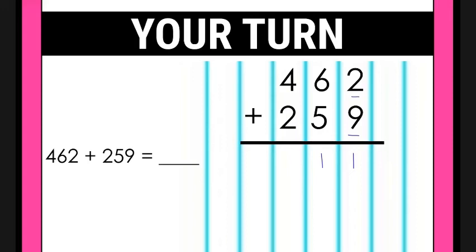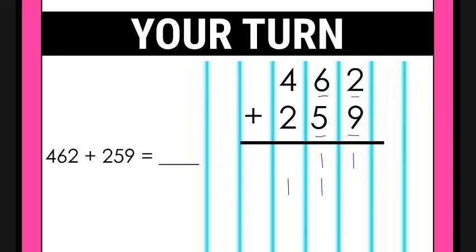Next, let's add our tens. We have 6 tens plus 5 tens. My trick for doing this is 6 plus 5 equals 11, but it's not 6 plus 5, they're tens, so 6 tens plus 5 tens equals 11 tens, or 60 plus 50 equals 110.